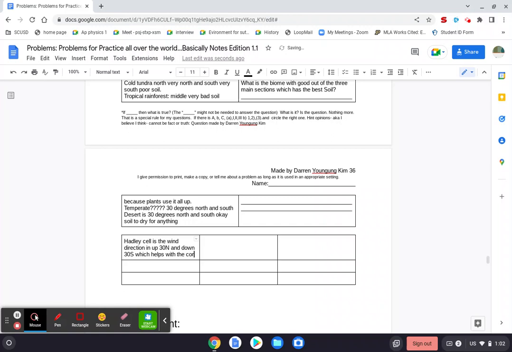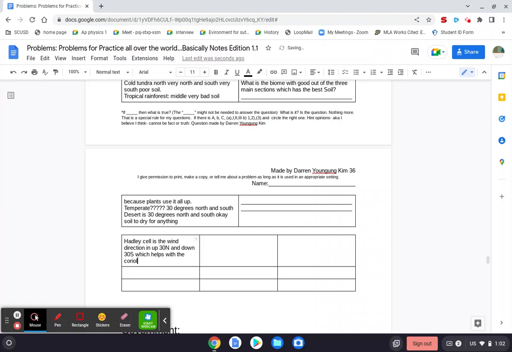Yeah, let's just do it with that Coriolis effect of the waves.